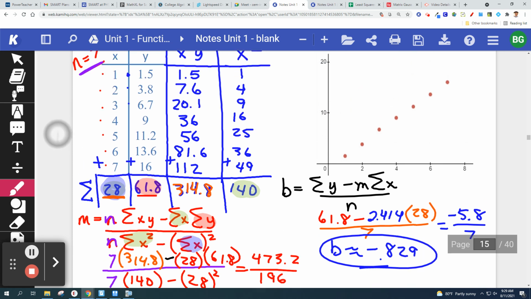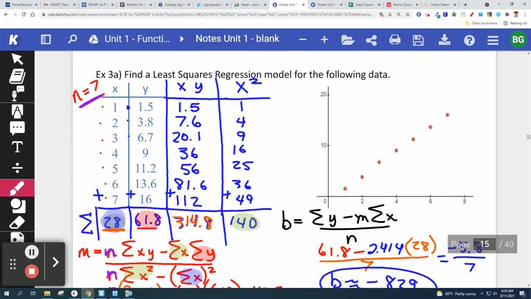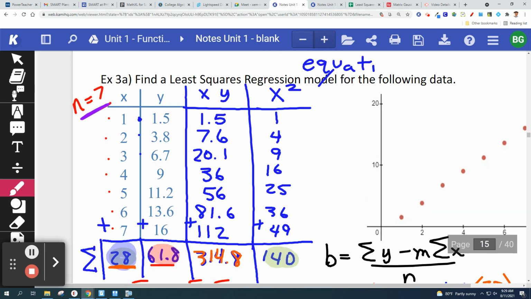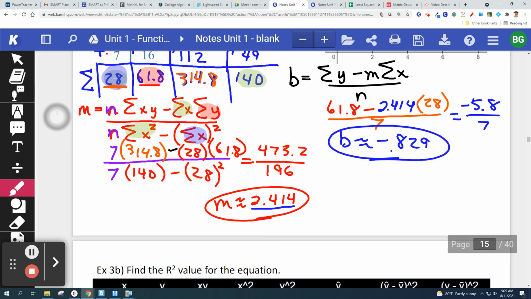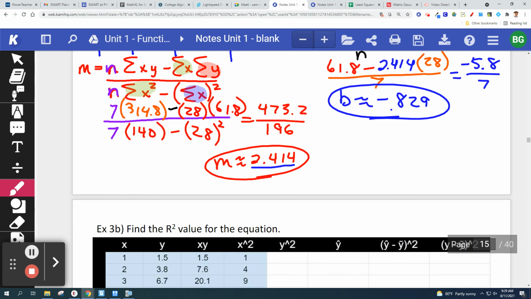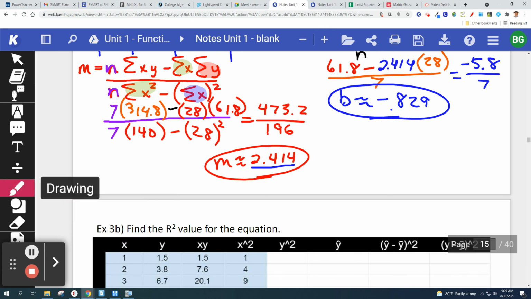Now, what in the world? Do we even remember what we were trying to do? Find a least squares regression model, meaning an equation, for the data. Well, okay, great. We got M and we got B. So all we have to do now is write down the equation. We've got it.